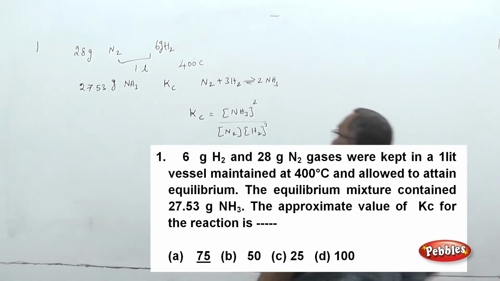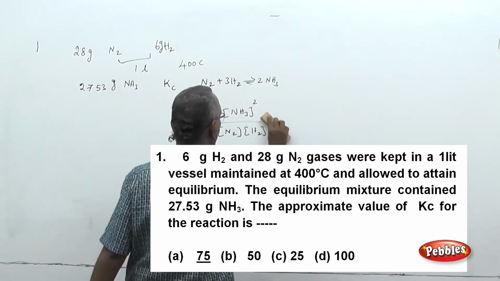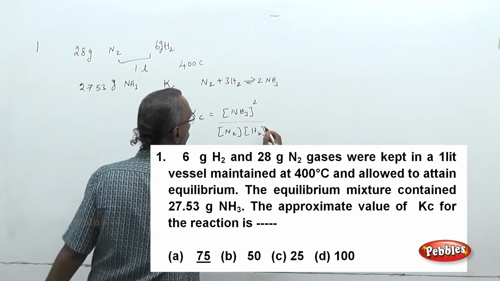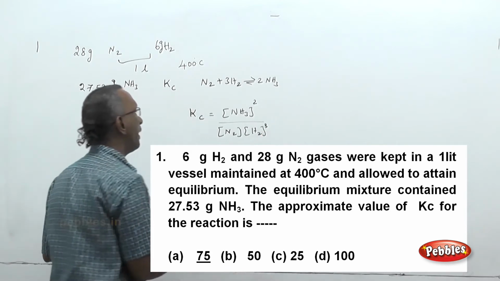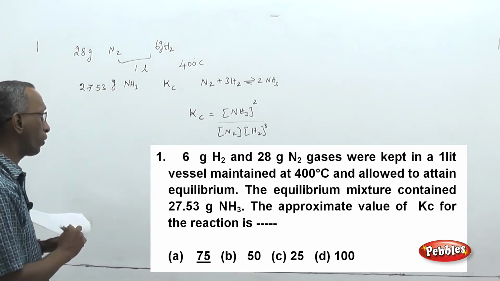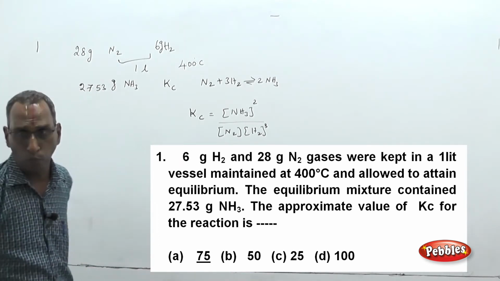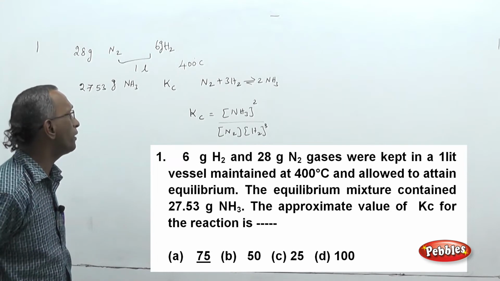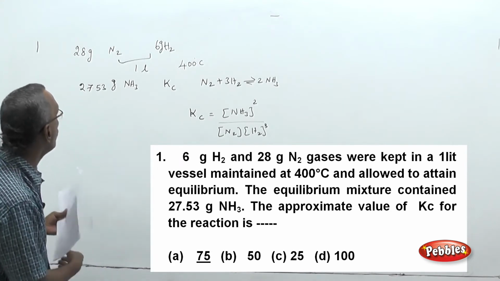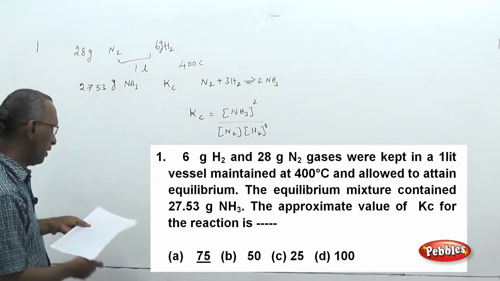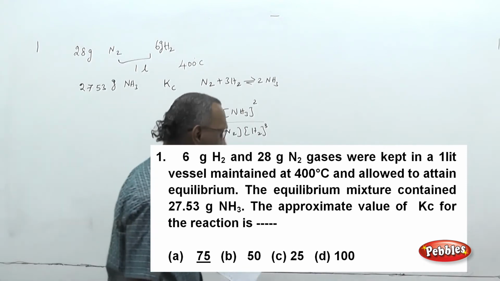So Kc is written as the concentration of ammonia squared divided by the concentration of nitrogen into the concentration of hydrogen cube. This is the expression for Kc. Here concentration means number of moles per liter.